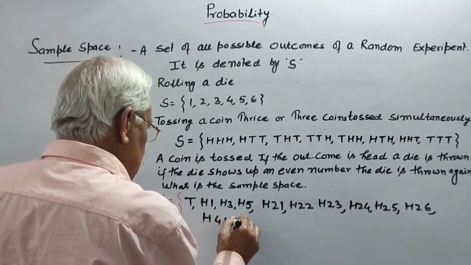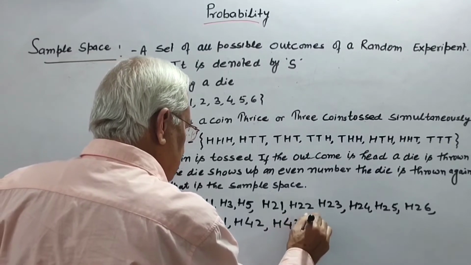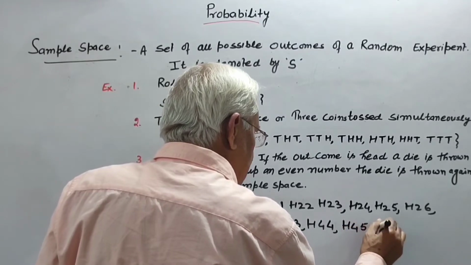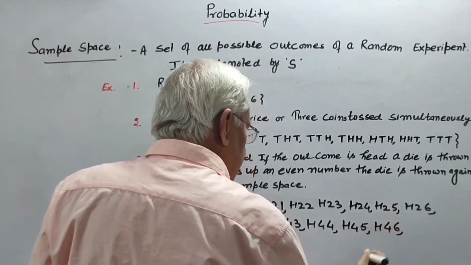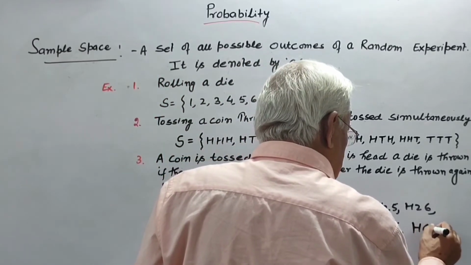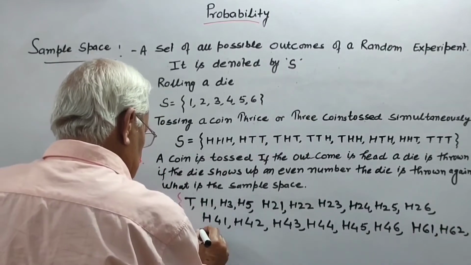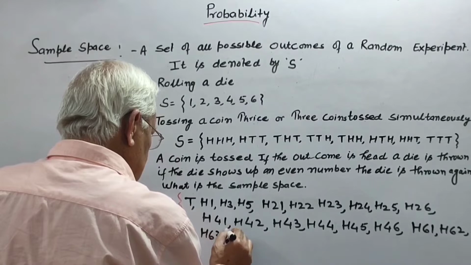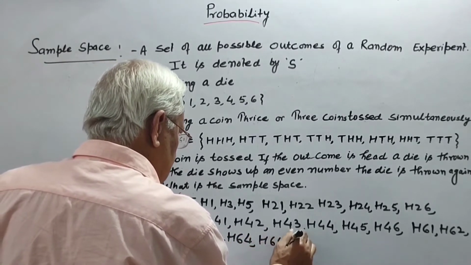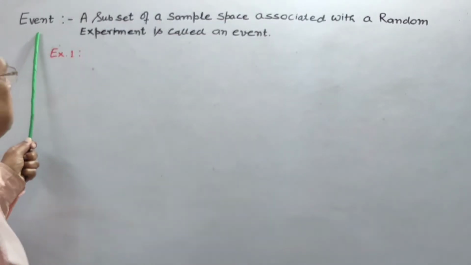So H41, H42, H43, H44, H45, H46, and even number is 6 also, so H61, H62, H63, H64, H65, H66.